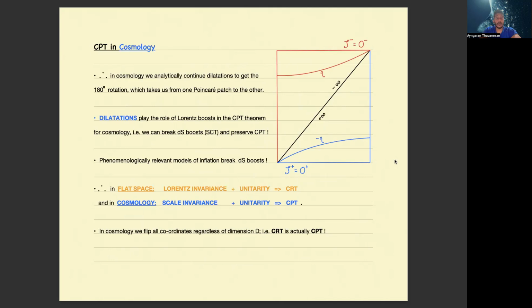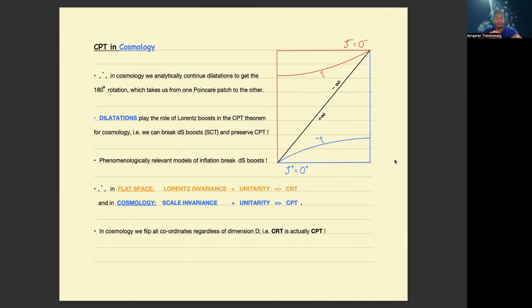Therefore, in cosmology, we analytically continue dilatations to get the 180-degree rotation. And this then takes us from one Poincare patch and relates it to another. So essentially, it relates an expanding patch to a contracting patch from the perspective of the global time-like Killing vector.